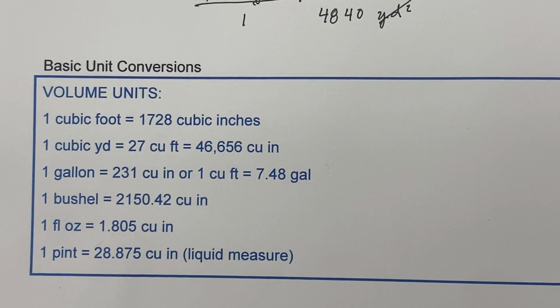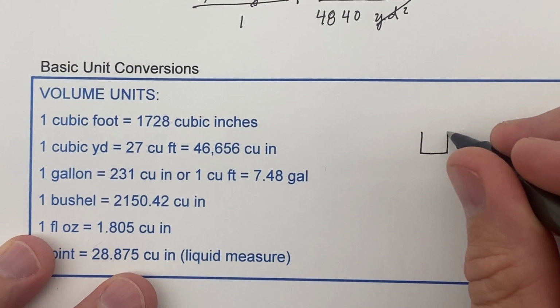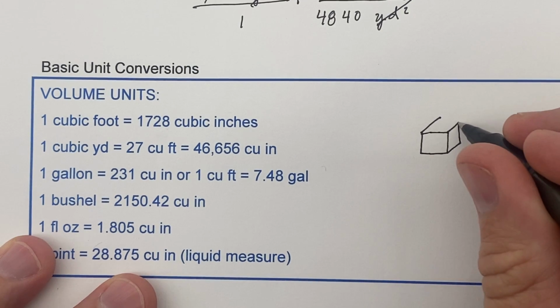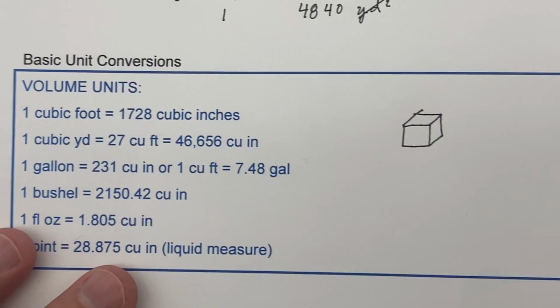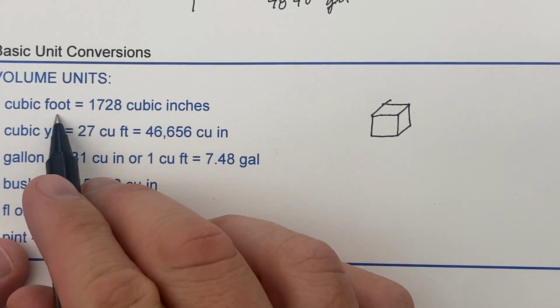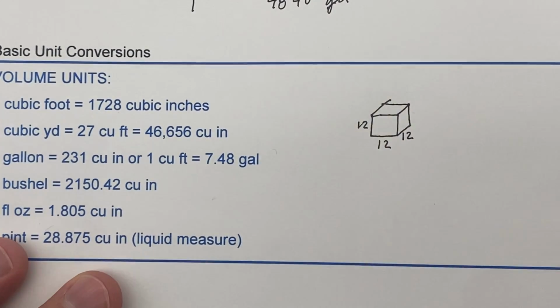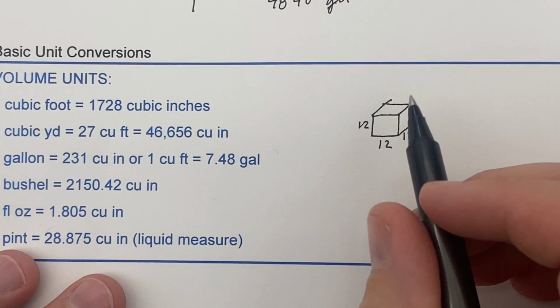Last one we need to talk about is volume. 1 cubic foot is going to be equal to 1,728. Let's talk about where that number comes from, and then we'll move on from it. Volume means we do have some depth now. Instead of the square, now we're looking at the cube. How many inches in a foot? Well, 12. Everybody type this in for me, please.